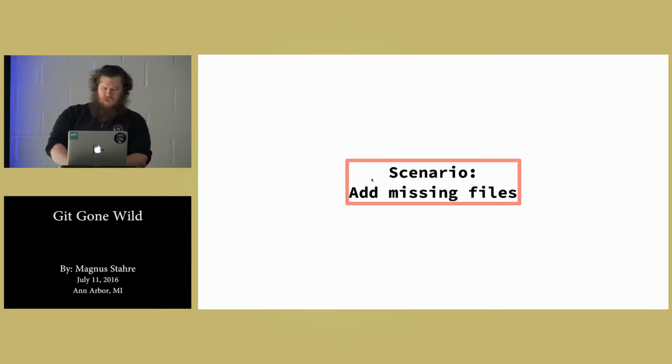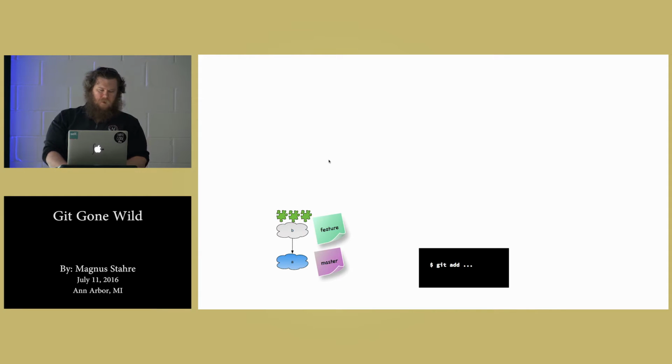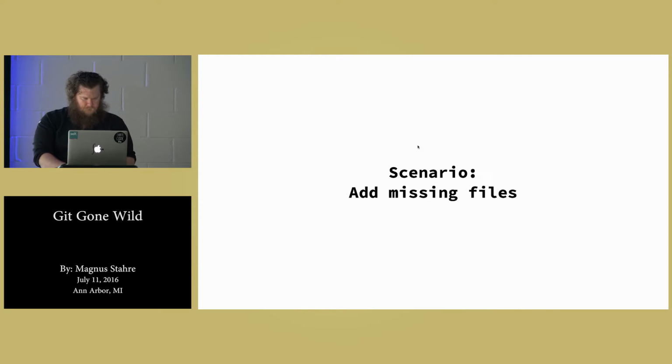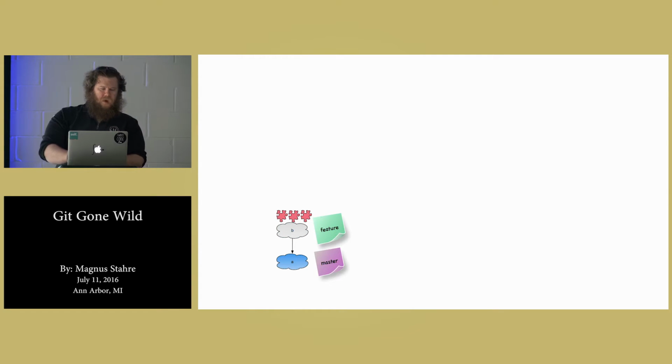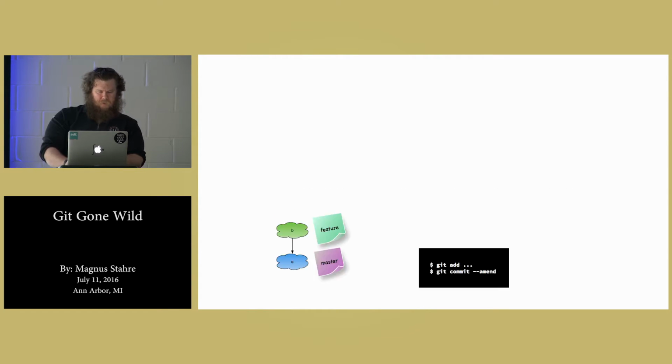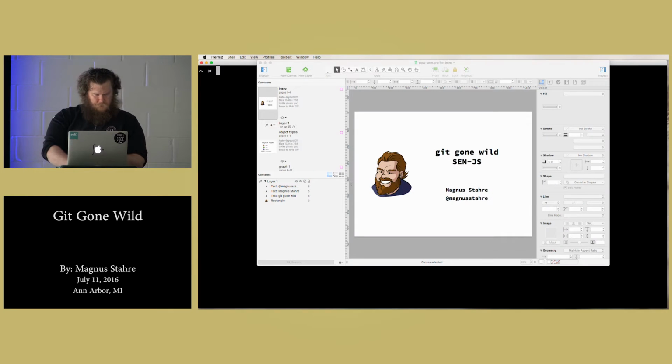So imagine we're on a master branch of sorts, and we add some missing files. We add 3 files, and I'm trying to remember what this actually does. Oh, so what we're doing here is we have some files that we missed to add in the first place.